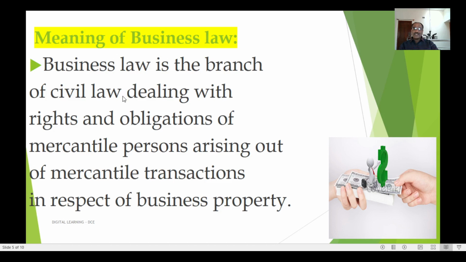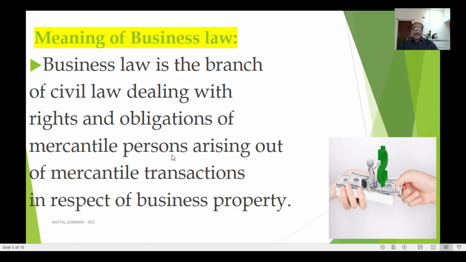It is applicable only as civil law, and civil law deals with the rights and obligations of mercantile persons, that is, the persons who are doing the business, which are mentioned in the business law.